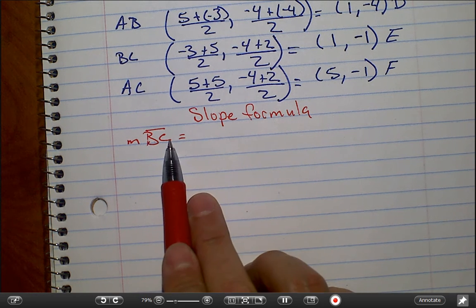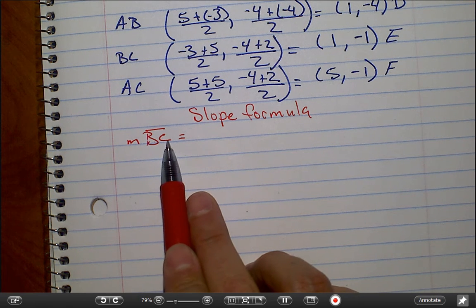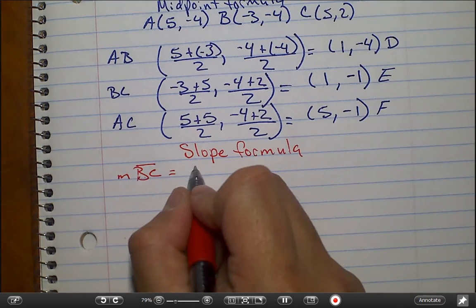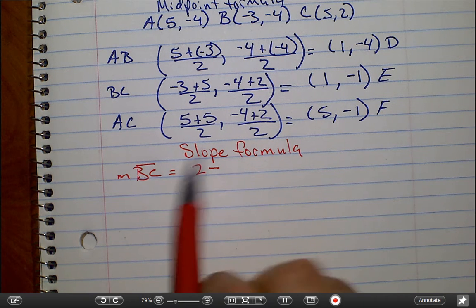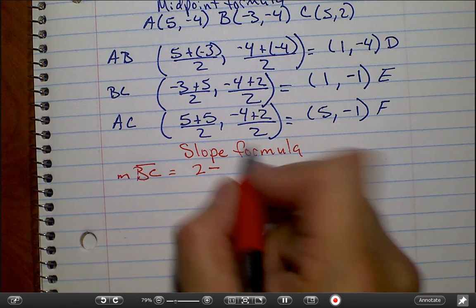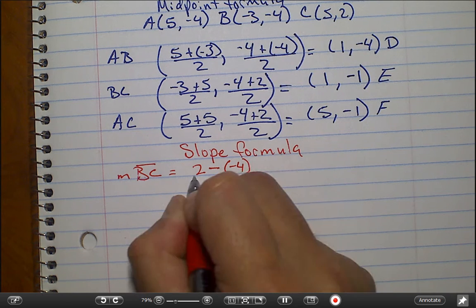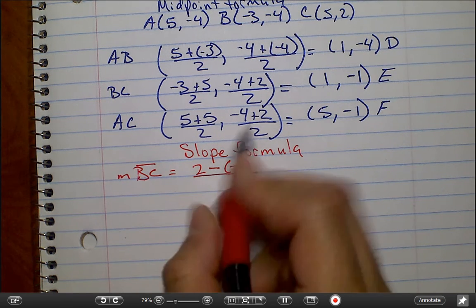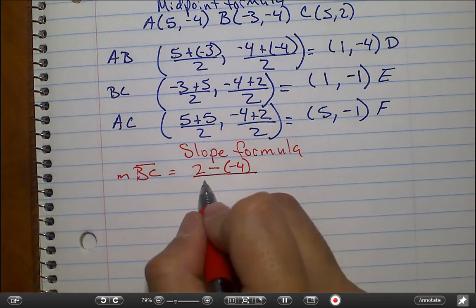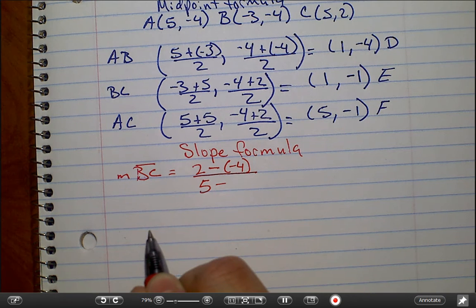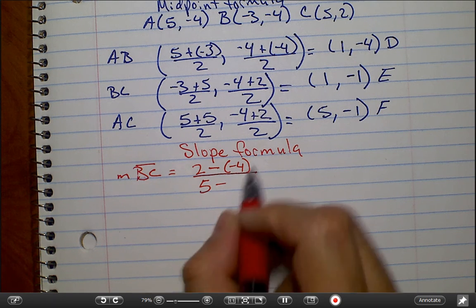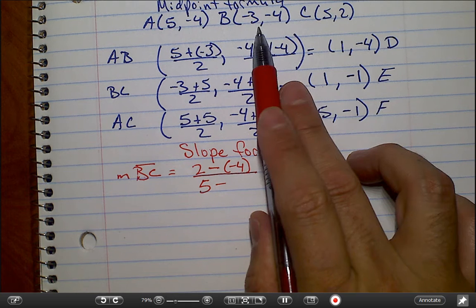Someone say C. C. Very good. So I need the y value from C. It's going to be 2. So 2 minus, what is the y value from B? -4. Over the x value from C. 5. Very good. Minus -3, right?